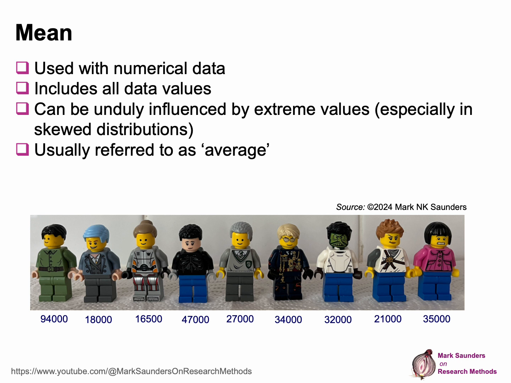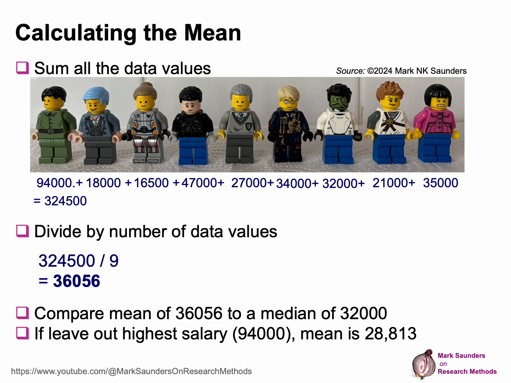So we need to think, how do we calculate the mean? And it's very straightforward because it's the calculation of the average, which I'm sure you've been doing for many years. To calculate the mean, we need to sum all the data values, in this case for each of the 9 people.